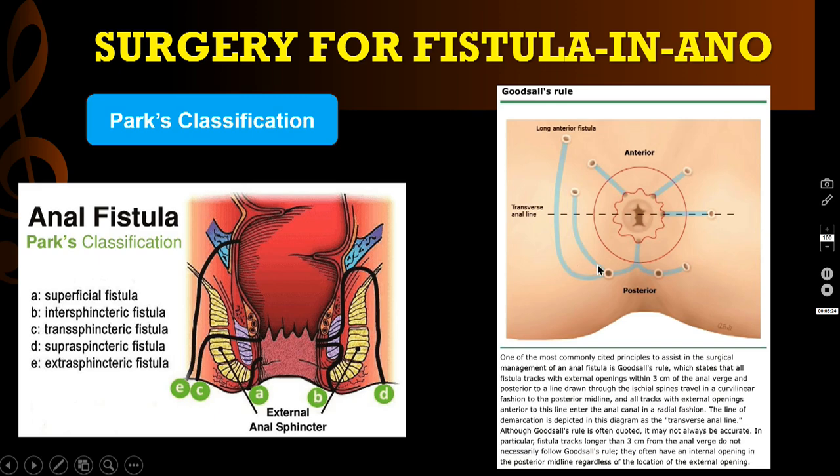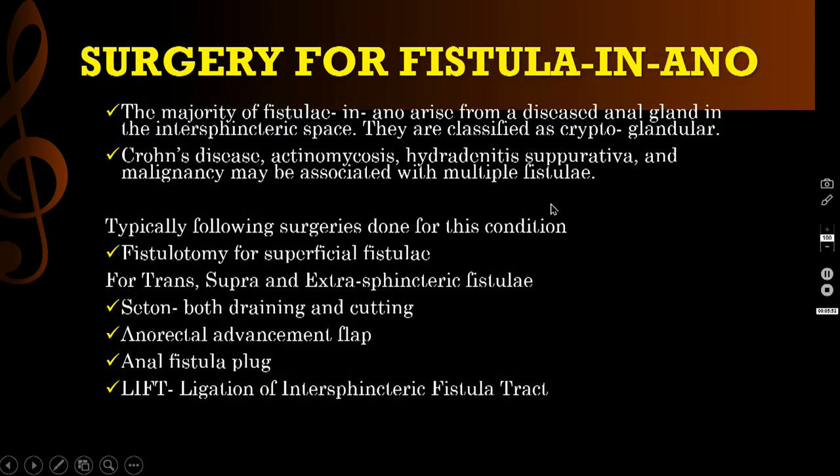And all the external openings posterior to this line will also take a curvilinear course and open internally at 6 o'clock position. This rule is called Goodsall's rule, whereby by seeing the external opening, we can say where the internal opening would be. Okay, that is Goodsall's rule.